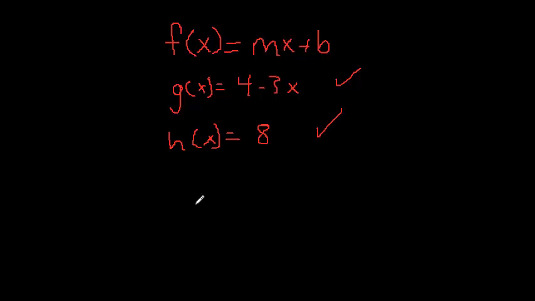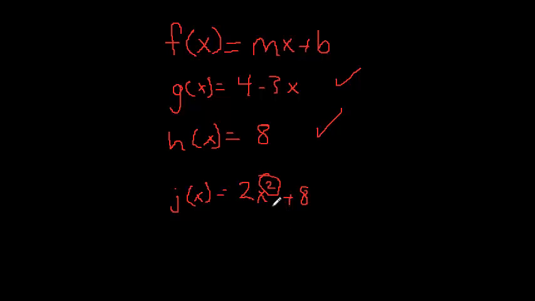We'll try one more function. We'll call this one j of x, and j of x is 2x squared plus 8. Now it almost looks like it's in the same format as our linear function, but we have this exponent here.